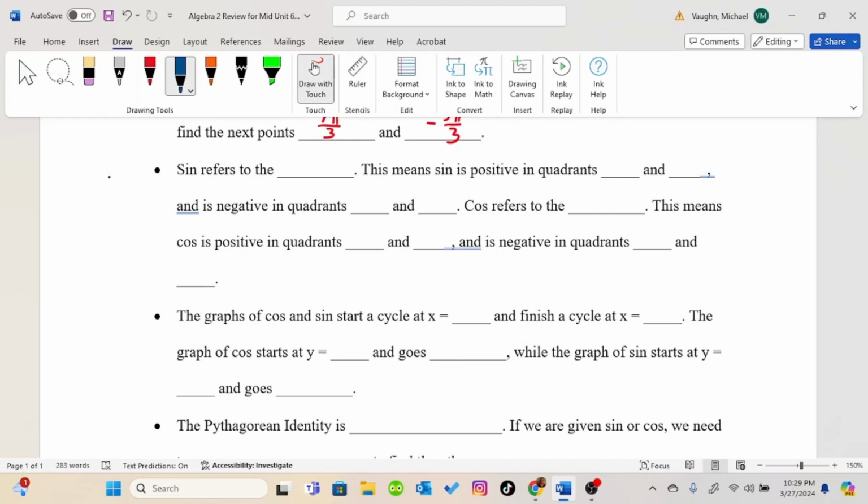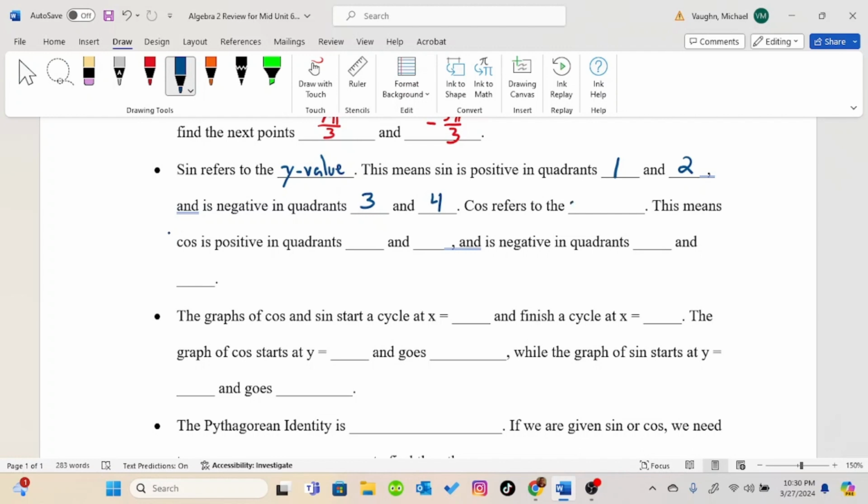Sine refers to the y value. This means sine is positive in quadrants 1 and 2, where we are above the x-axis, and it's negative in quadrants 3 and 4, where we are below the x-axis.